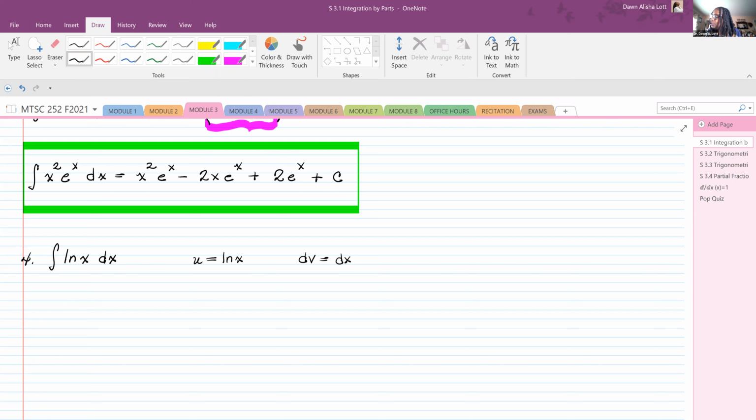Okay, find du and v. This is why I did that pop quiz, because you have to be able to do the simple little things in order to get the bigger picture. Okay, Xavier, how do you feel about differentiating log x?